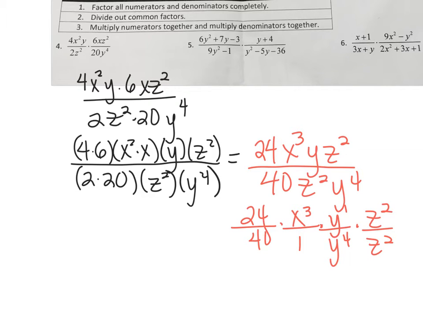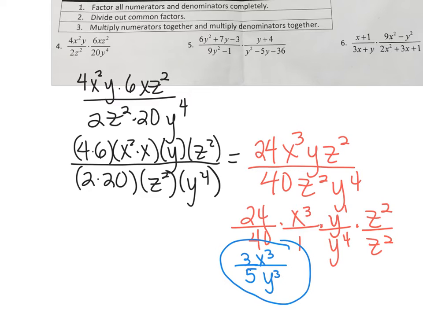All right, let's see what we can get. Final answer, 24 over 40 reduces to 3 over 5. We have x to the 3rd, no x's on the bottom. We have y to the 1st and y to the 4th. That leaves us with y to the 3rd on the bottom. And z squared over z squared cancels out. So our final answer is 3x to the 3rd over 5y to the 3rd.